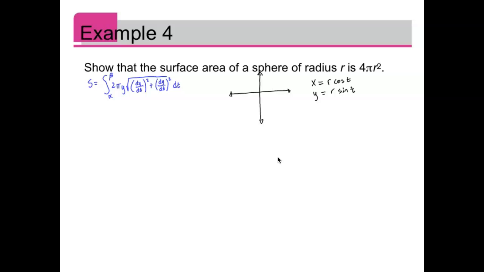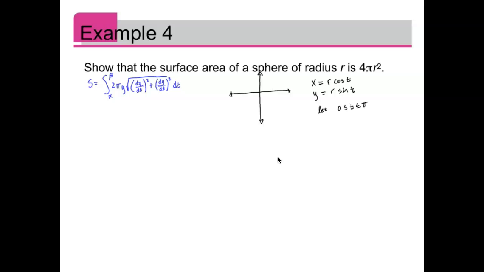When the radius is just 1, it's just x equals cosine, y equals sine, and that creates the unit circle. Now, we don't need to use the whole circle. We're only going to use half of it, and then we're going to rotate it around the x-axis. So let's let t be only between 0 and pi.